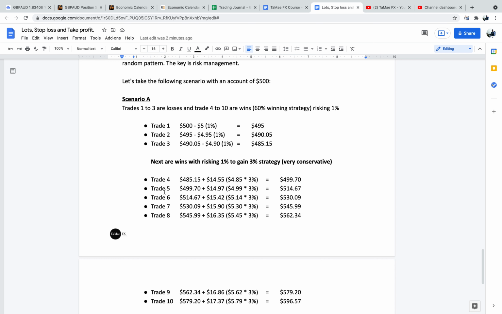Okay. Then if you take the 5th trade, your balance is $499.70, and your risk is 1%, $4.99. If you multiply that by 3, if it's a winning trade, you have $14.97 as profit. So if you add that, already you are now on $514.67. So here you have lost 3 trades and you have won 2 trades.